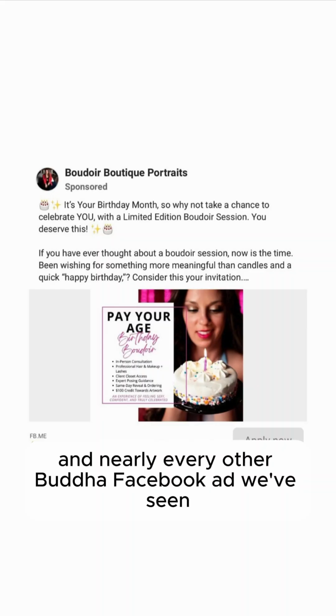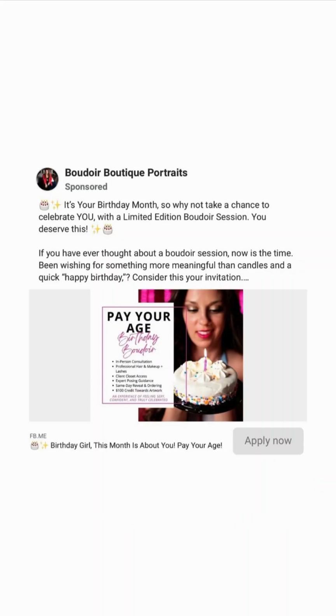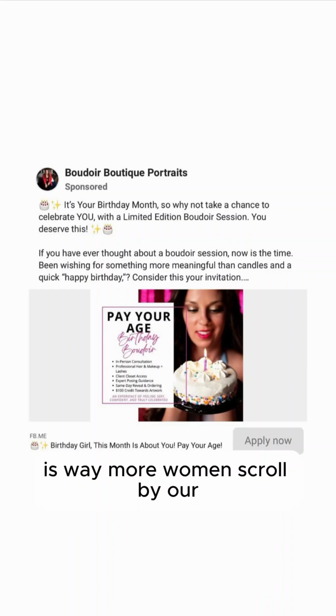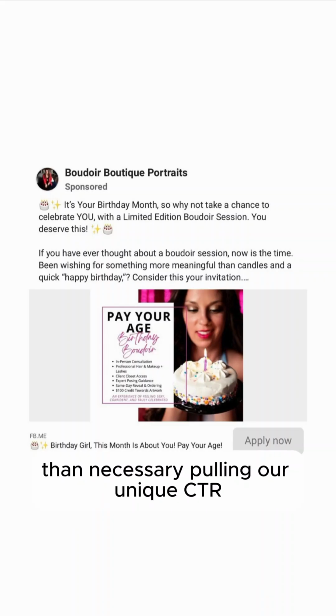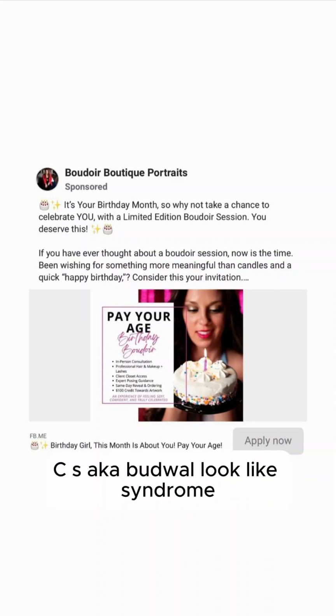And nearly every other Boudoir Facebook ad we've seen, nearly all of them look like ads. The consequence of this when we make ourselves look like ads is way more women scroll by our ad than necessary, pulling our unique CTR under 6% and contributing to BLCS, aka Boudoir low click syndrome.